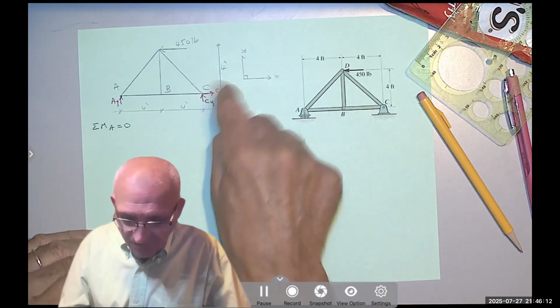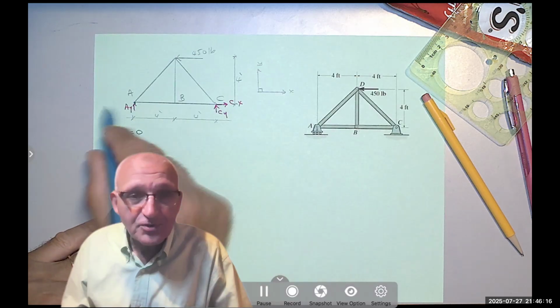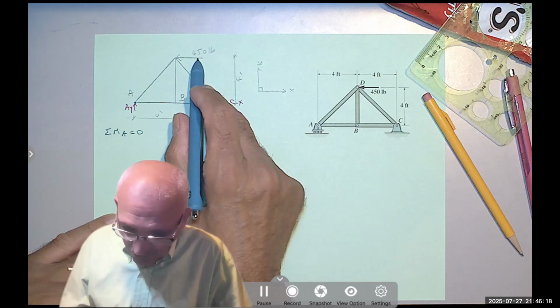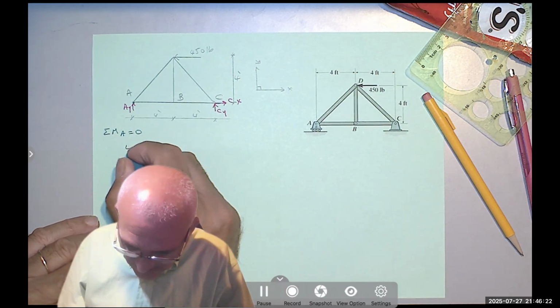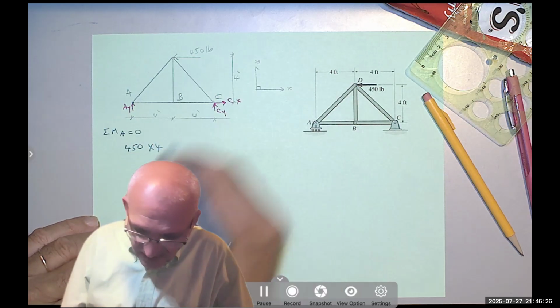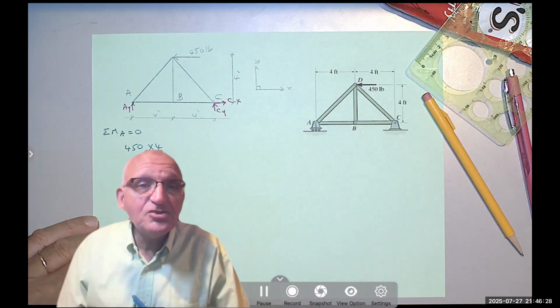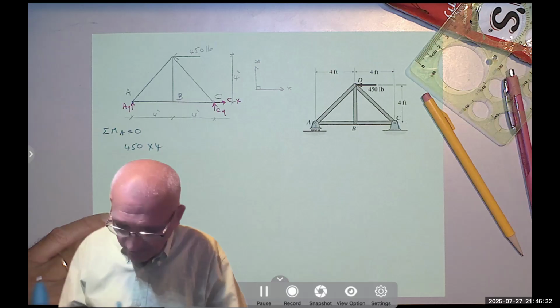I only have 3 forces. Cx passes through A, so it doesn't produce moment. I have the 450 going counterclockwise, so that's a positive moment. And the vertical distance is 4, right? This is a positive moment of magnitude 450 times 4, or 1800.